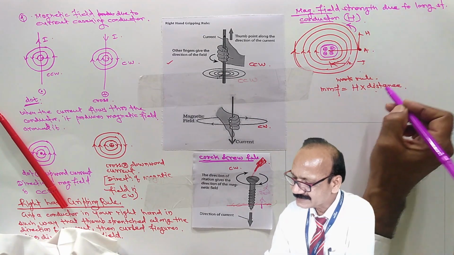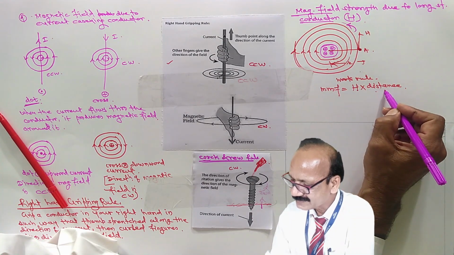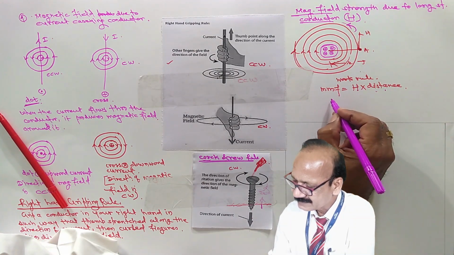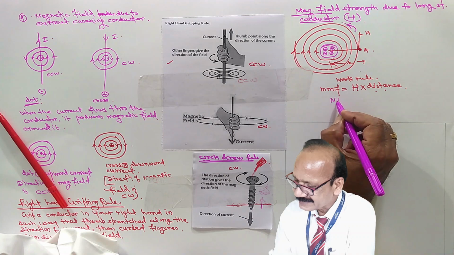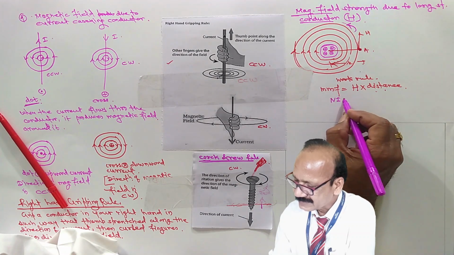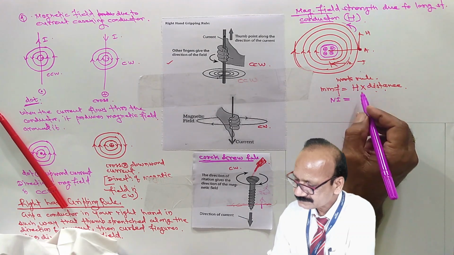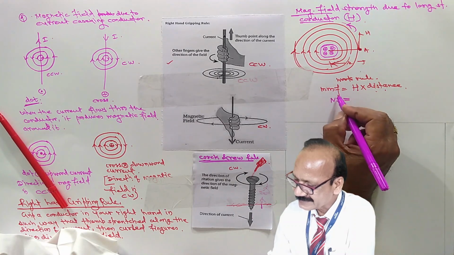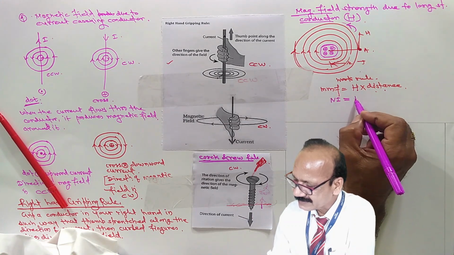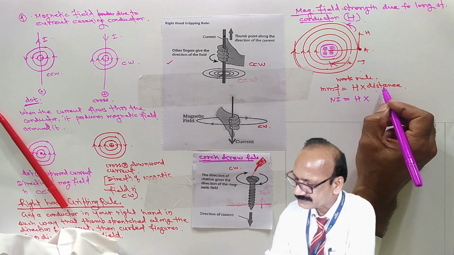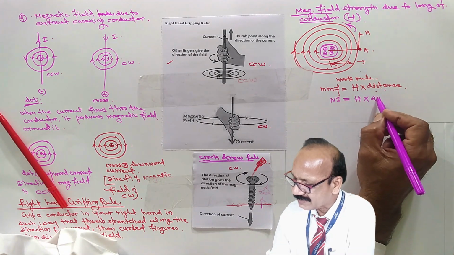the work done is nothing but force into displacement, and therefore here MMF is nothing but N into I, which equals H into distance, which is 2 pi r.